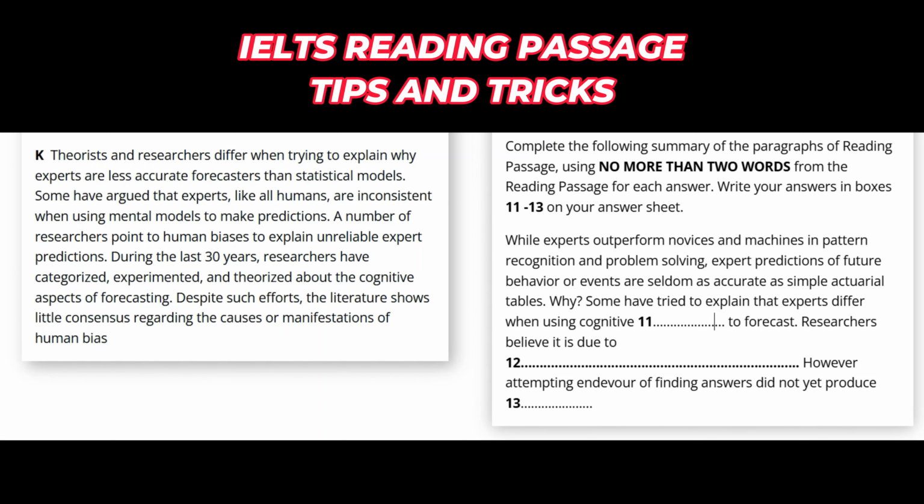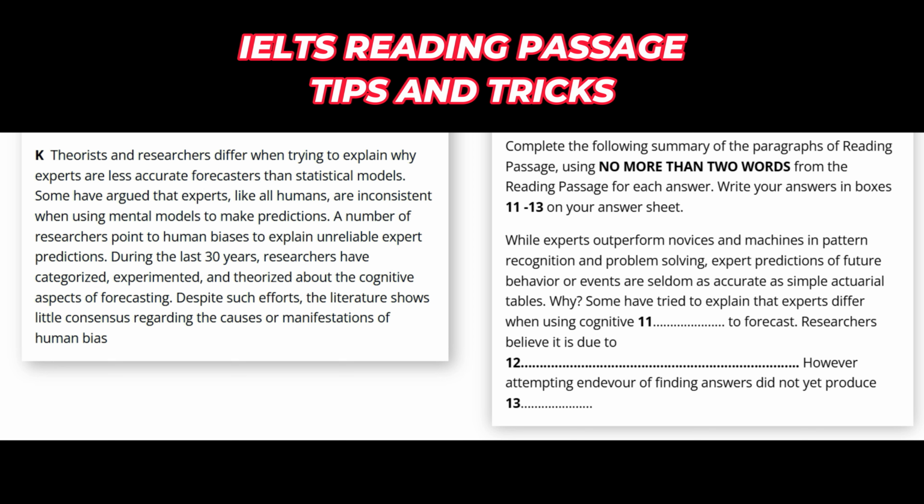Mental models is a type of cognitive tool, and the summary sentence is paraphrasing that line. So the correct answer is models, right? So cognitive models to forecast, and after models, "to" is here. So we are deadly sure models will come here.